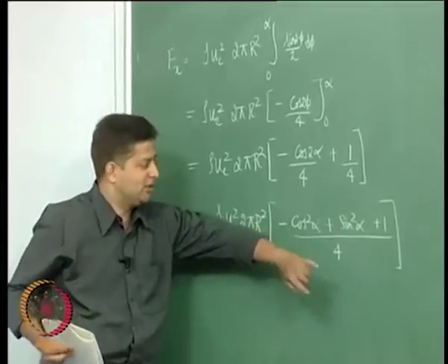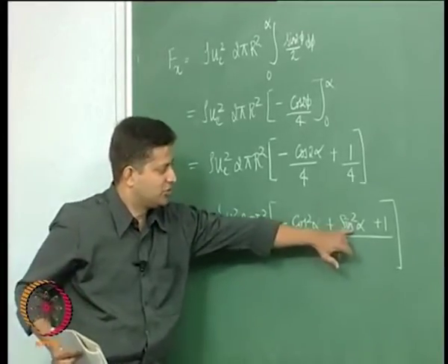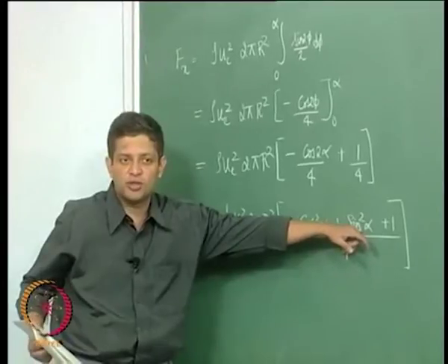I will come to why we are doing that in a little moment. So, sin square phi, I can write it 1 minus cos square phi.